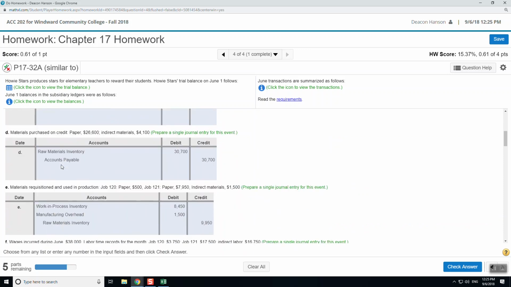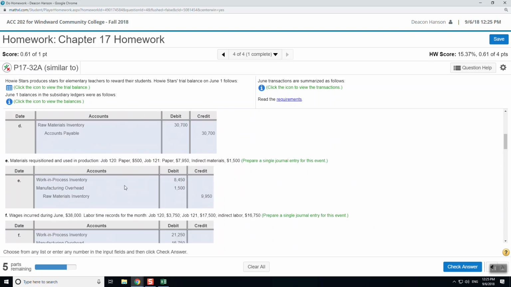Cash, raw material. Okay, here's something with raw material. Okay, so job, this is E. They used raw material of 9,950, right? And that was a combination of paper, which was 8,450, and indirect material of 1,500.